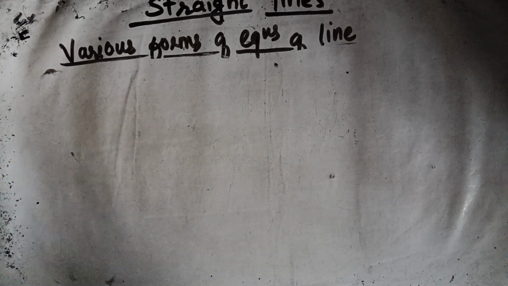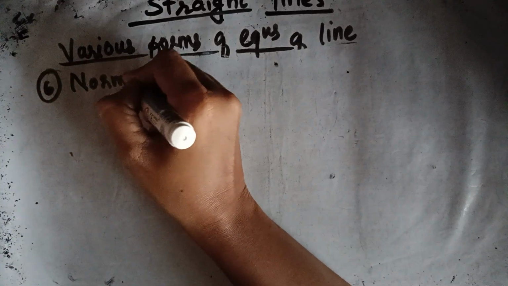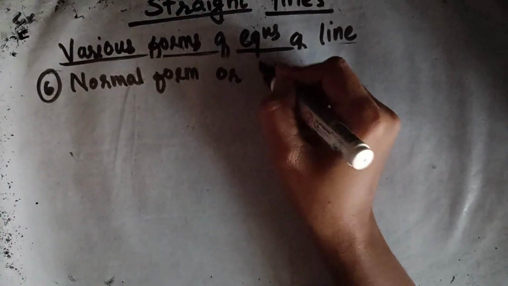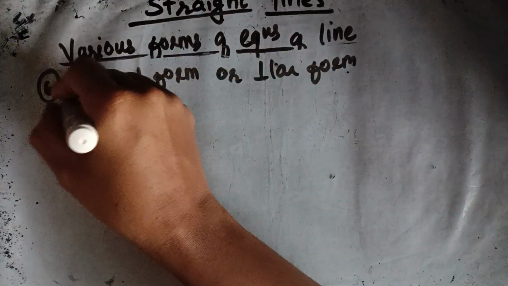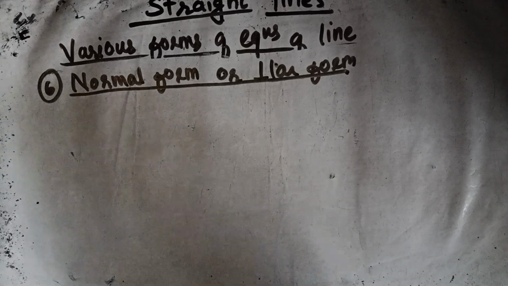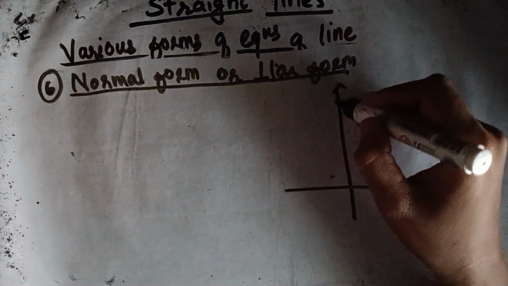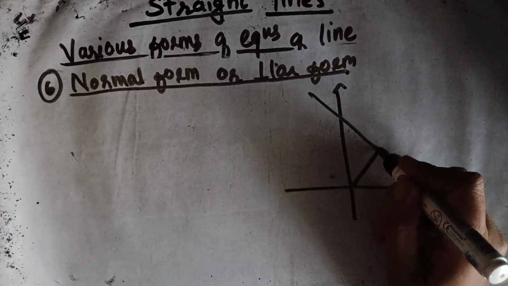Next form is the normal form, or perpendicular form. Okay. So I'm going to derive this. Suppose you have a line which is perpendicular here.